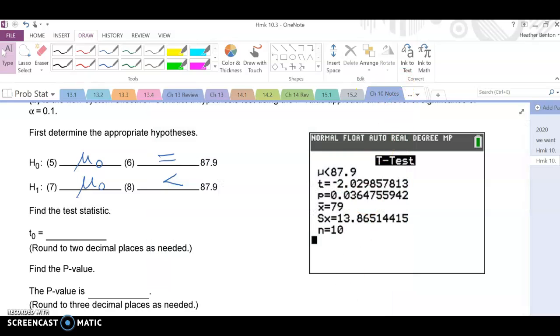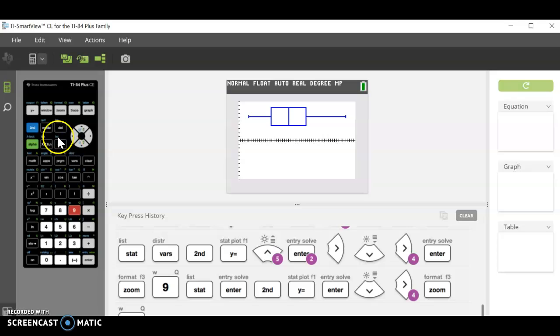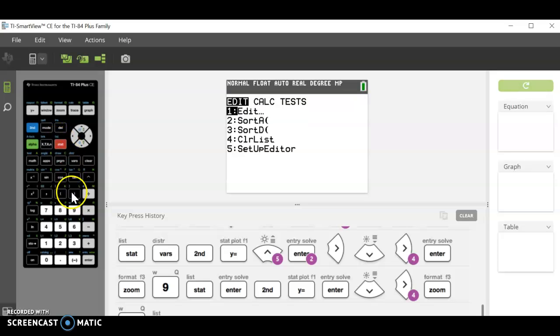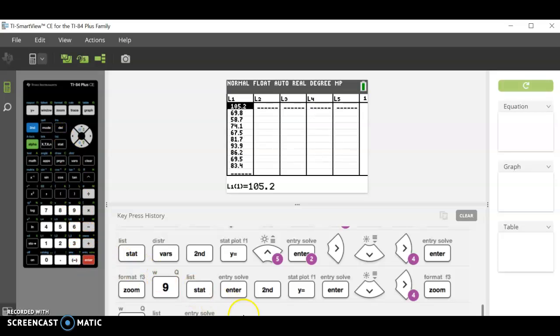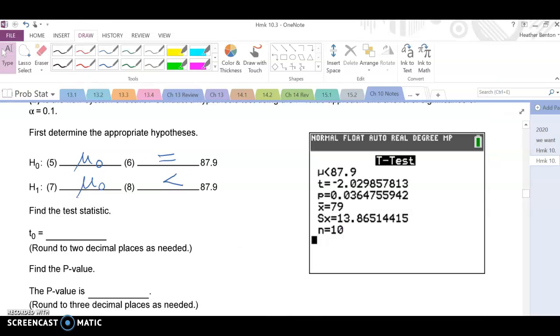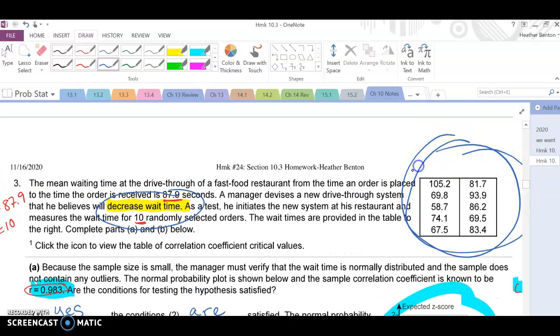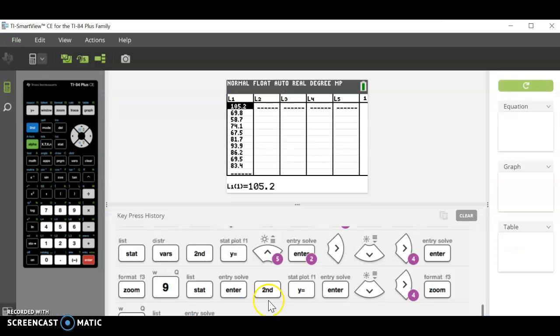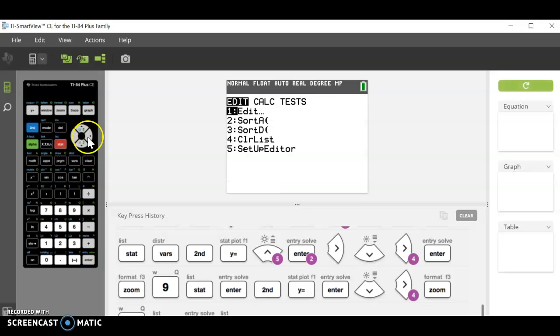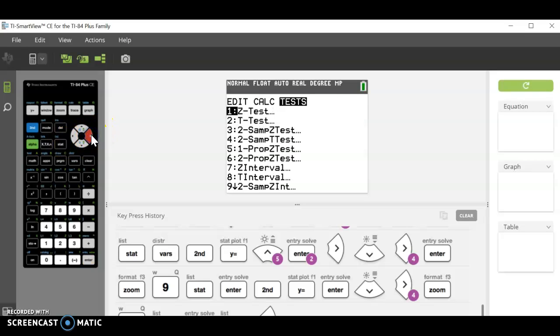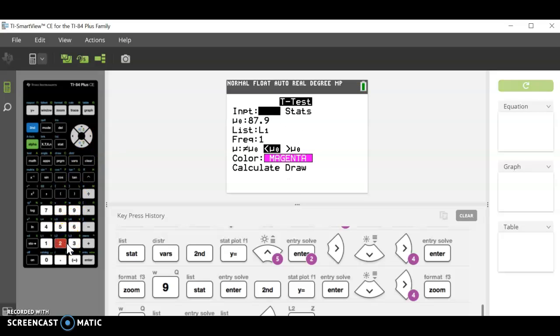To do that, you're going to go to stat. Again, make sure that you have entered the data from the table in the problem in your L1. So I did that, and then I went to Stat, over to the third option, Test, and it's number 2. A t-test is what we use for testing the mean instead of testing the proportion.